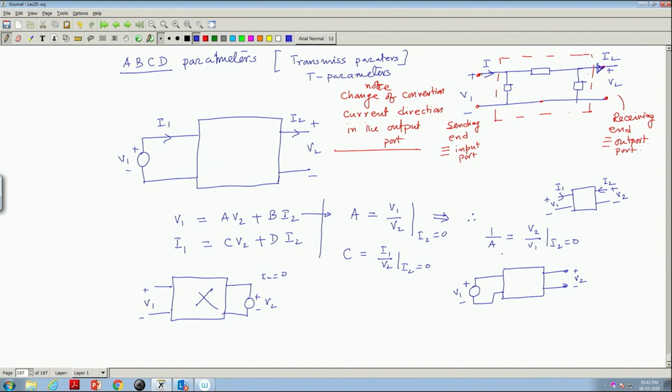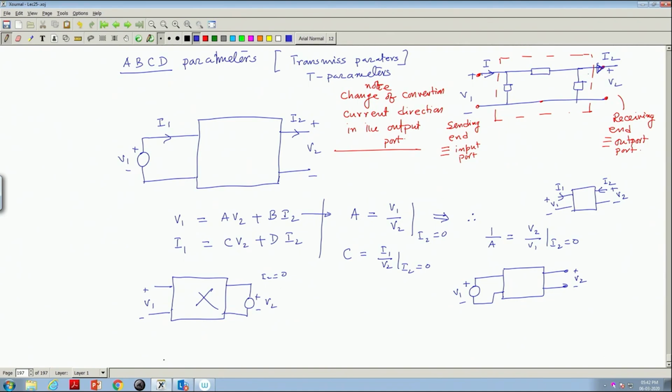You got the interesting point here. A is V1 by V2 with I2 equal to 0, so I would apply a voltage V2 to the output port and measure the voltage V1, but I am not sure what to do, because with V2 applied, I2 may not be 0.